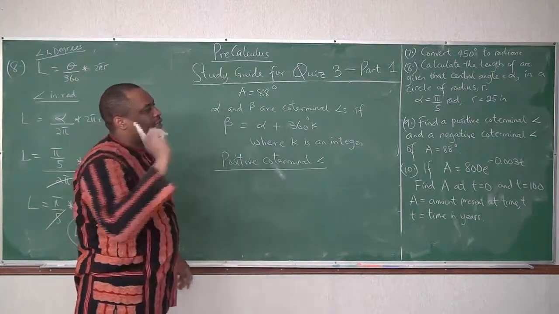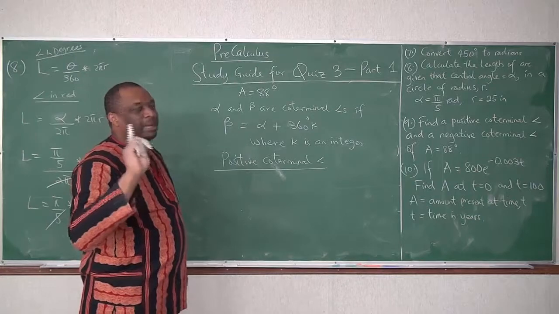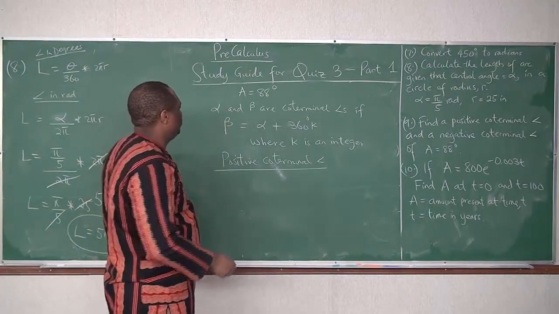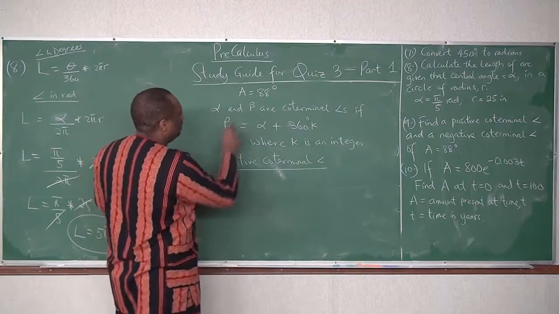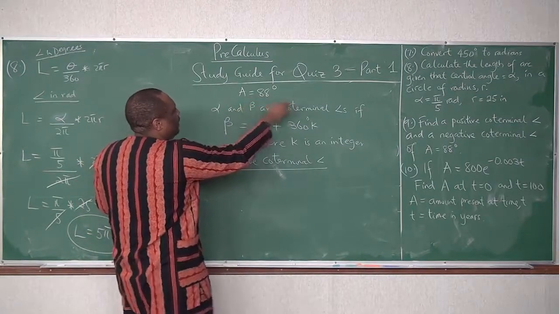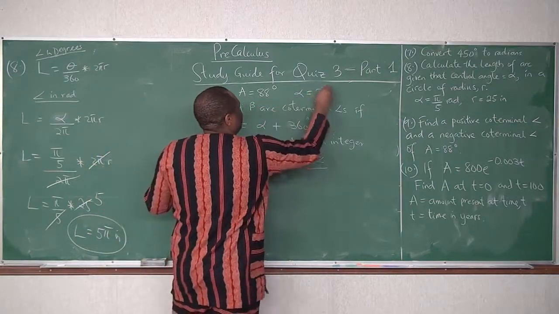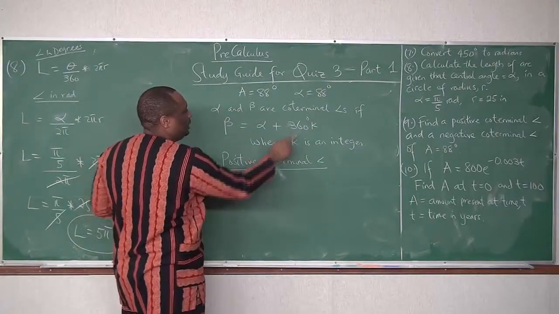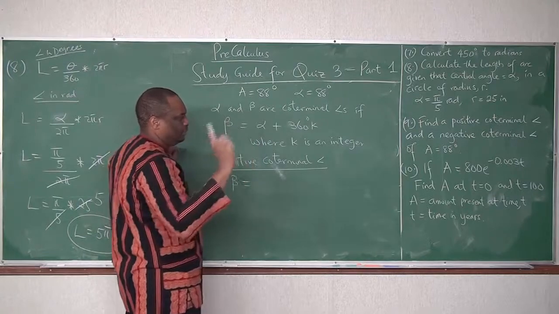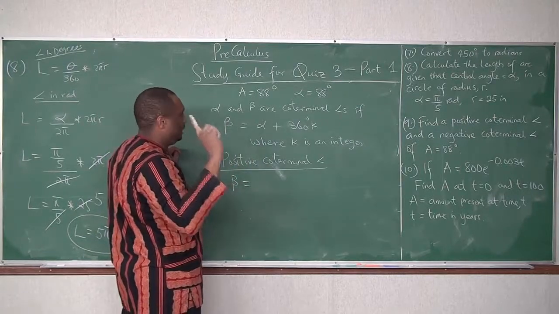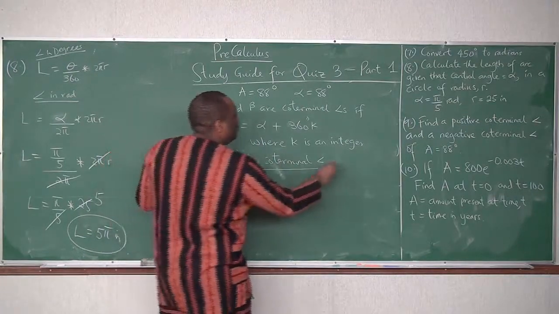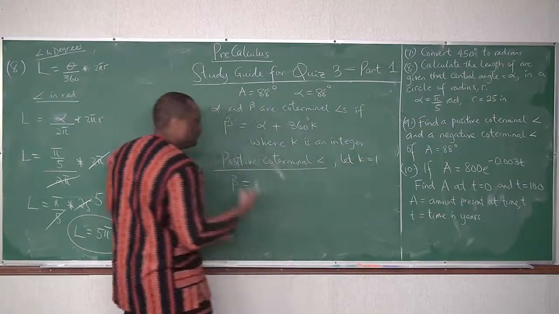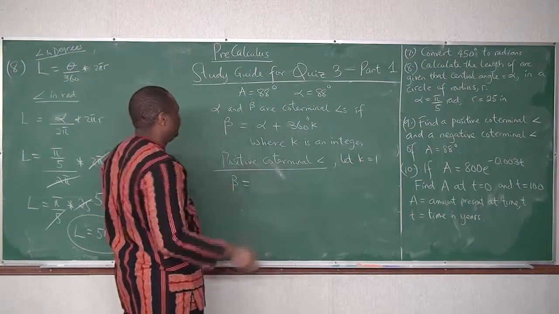They just want us to find a positive coterminal angle, so just one. So we put in our alpha, 88 degrees. Let K be 1, because that's the first one.